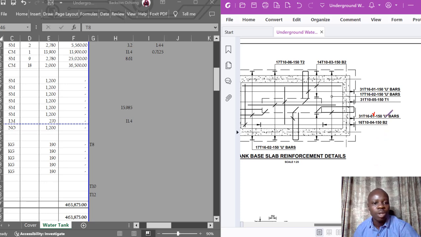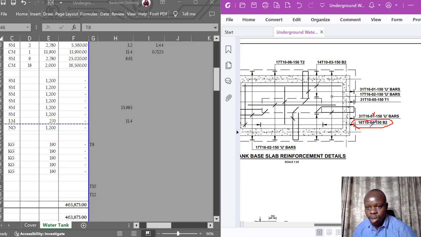Just briefly, before we go further, I will make some definitions. In this form of identification of reinforcement bars, I would like to explain what each part means. This is the example that I'm going to use.